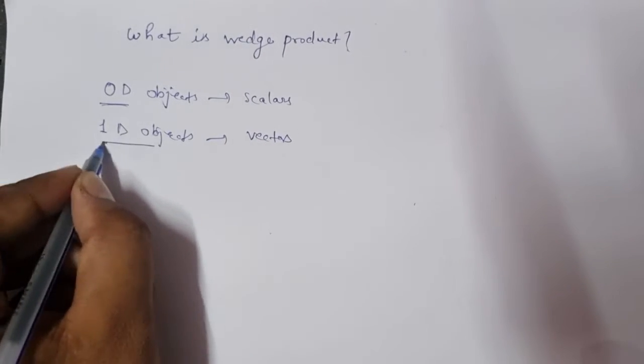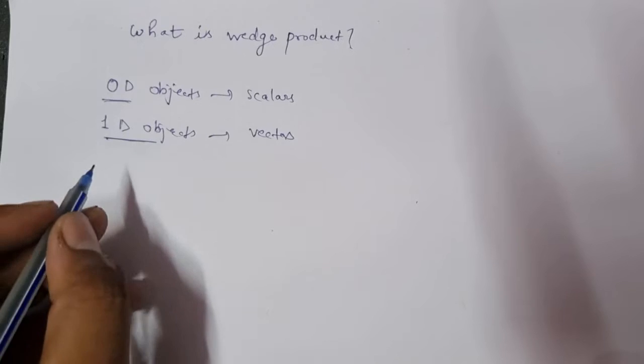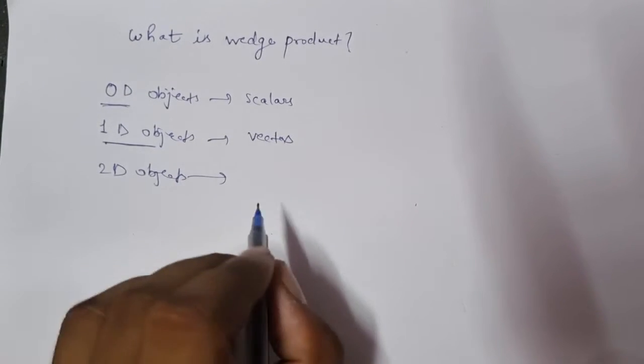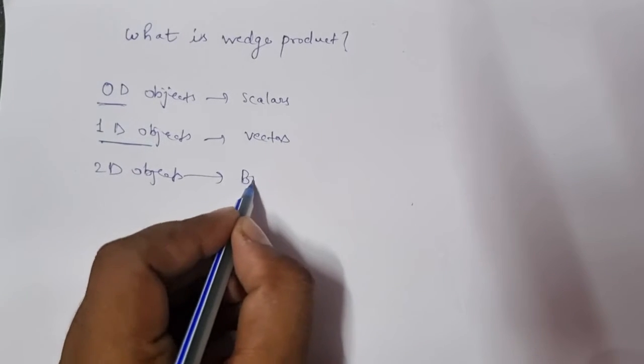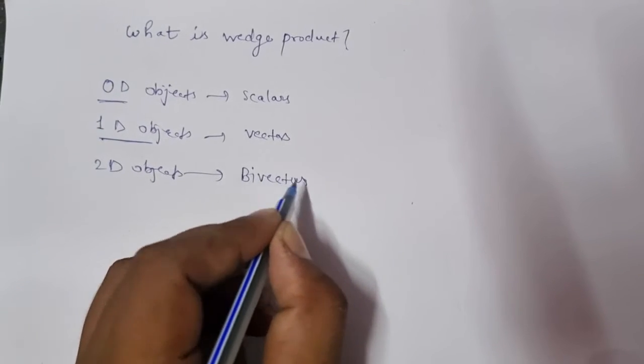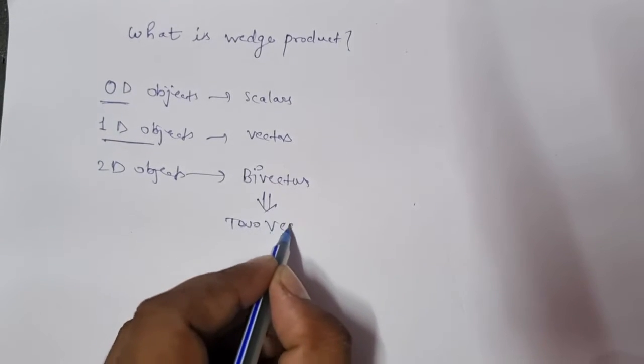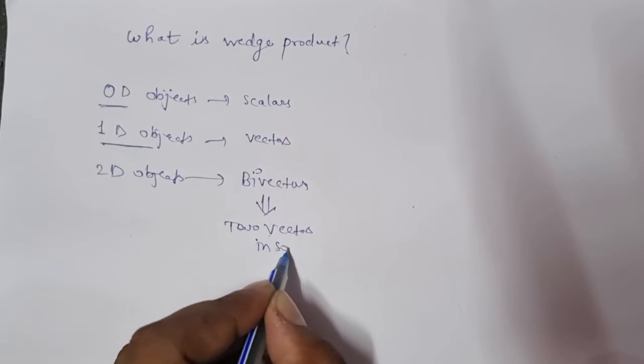So nothing new here. There can also be 2D objects which are called bivectors. They are a combination of two vectors in some manner.